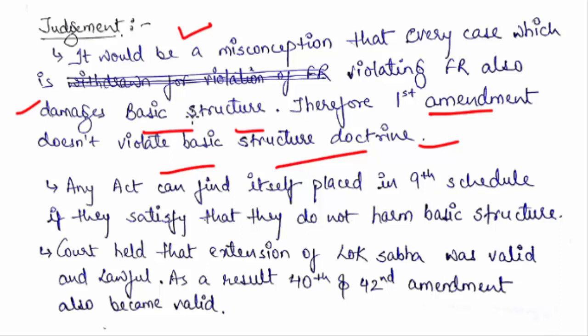Yes, for some social reforms or for some initiatives, the government has to breach or curb the fundamental rights of a particular person, but it doesn't mean it is damaging the basic structure. This was the first judgment in this case, concerning the First Amendment.